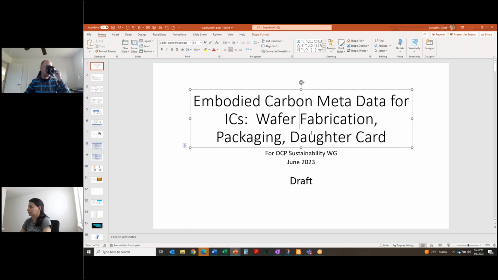And then we added daughter cards, so that way DDR DIMMs would fall under this umbrella. If you have an AI accelerator that plugs in through a daughter card, FPGA, a smart NIC, we would be able to cover that whole universe. So that's sort of the intention.